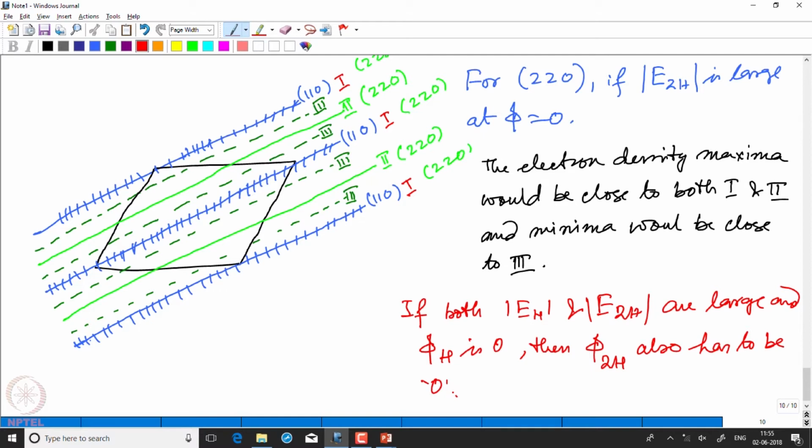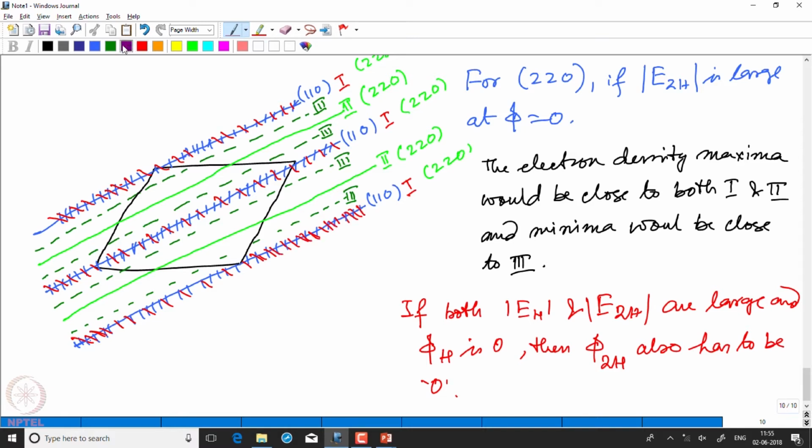Which means that for this particular crystal, where both Eh and E2h are large, we should see a large electron density associated with the lines which are marked here as 1, where these are coincident, where the electron density maxima is for both 110 and 220.